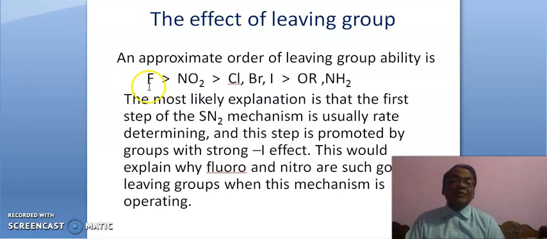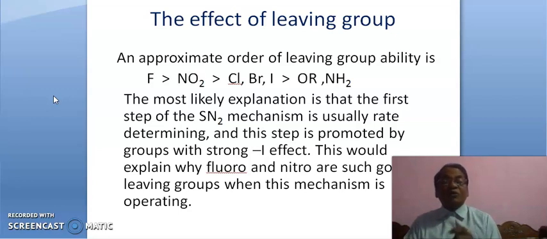Here we have to see which group is able to produce more and more positive charge at the carbon to which this leaving group is attached.